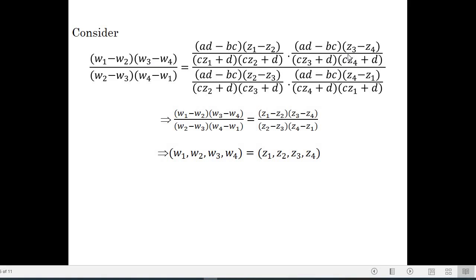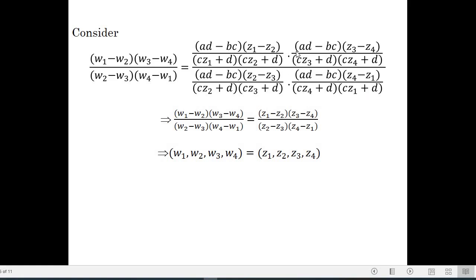We get AD minus BC into Z3 minus Z4, whole divided by CZ3 plus D into CZ4 plus D, divided by W2 minus W3, which is AD minus BC into Z2 minus Z3 divided by CZ2 plus D into CZ3 plus D, into W4 minus W1, which is AD minus BC into Z4 minus Z1, whole divided by CZ4 plus D into CZ1 plus D.